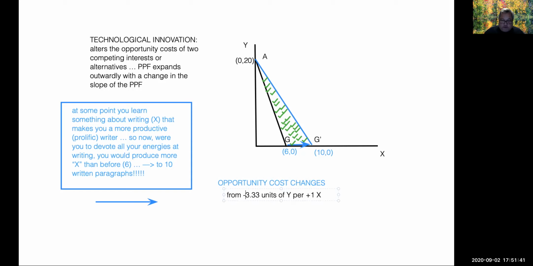So you used to have to forego, along the production possibility frontier AG, 3.33. Now, it's 20 down, 10 to the right, 2 for 1.